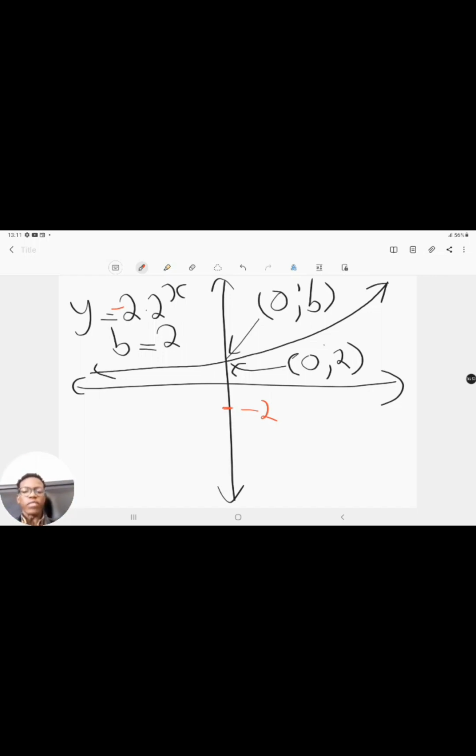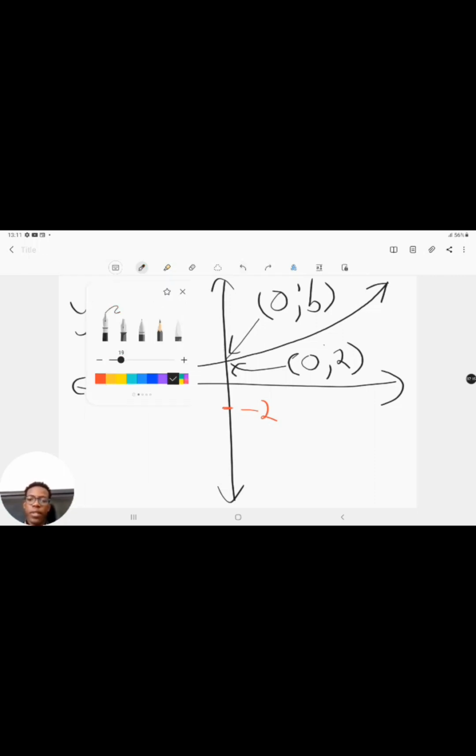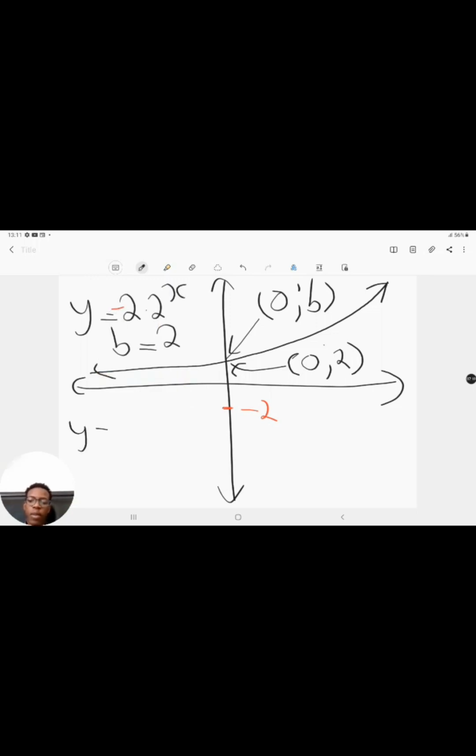Now, you will remember from the previous video that I said the only thing that b affects is the y-intercept, from the two main characteristics that I showed you in the first video. Remember what the two main characteristics are. The two main characteristics are the y-intercept and the asymptote of the exponential.